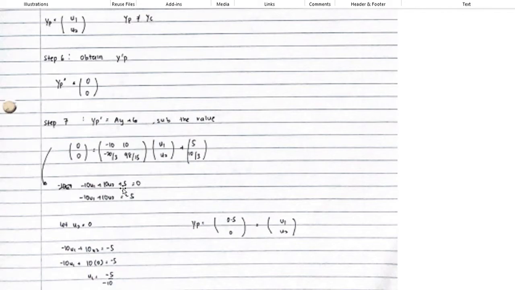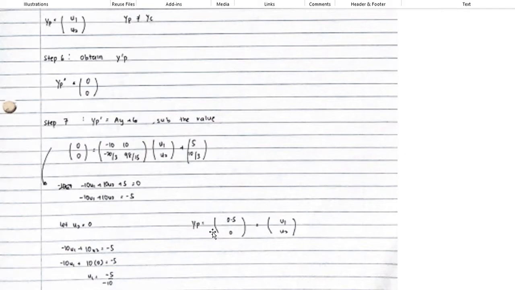The value without the variable, when we transfer it to the other side, will change polarity. This part is positive; after we place it at the right side, it changes into negative. That's how we get it. We set the value of u2 equal to 0. Then we simplify, and we get u1 equal to 0.5.